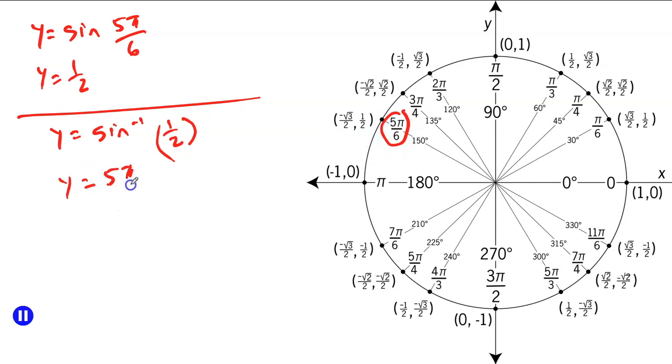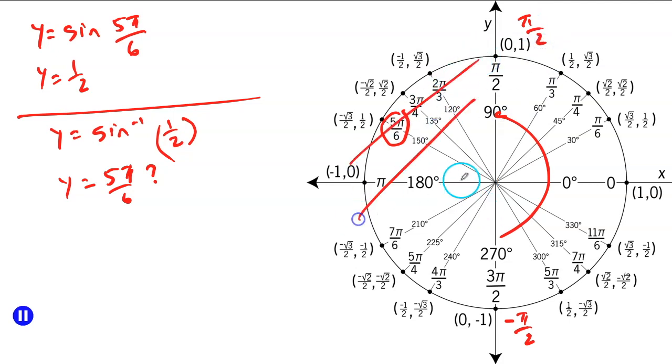Is the angle 5 pi over 6? No, because remember, your inverse function only goes from negative pi over 2 all the way to pi over 2. Remember, Q2 and Q3 are not valid. They're not part of my range. So therefore you cannot use them.